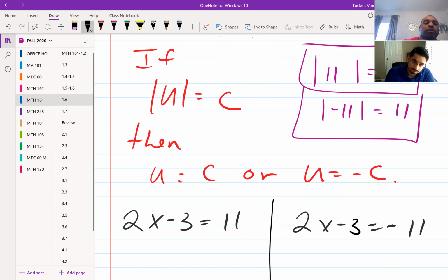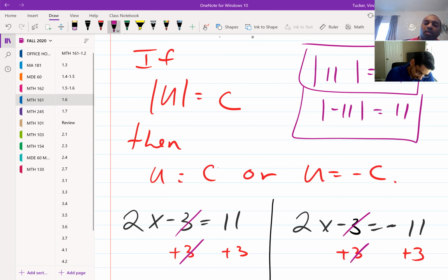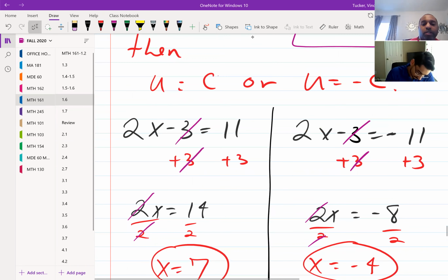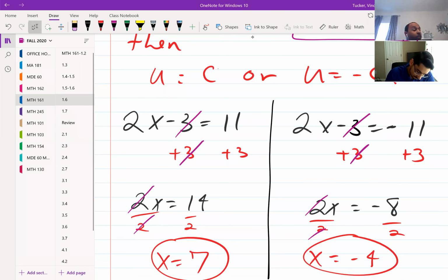So from there, this was just about setup, because from there you will go ahead and add 3 to both sides. And then you have 2x equal to 14, divided by 2. X is equal to 7. Then on the other side, you have 2x equal to negative 8, divided by 2. X is equal to negative 4.